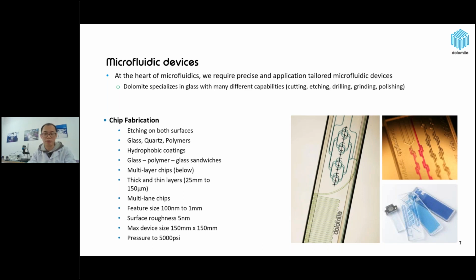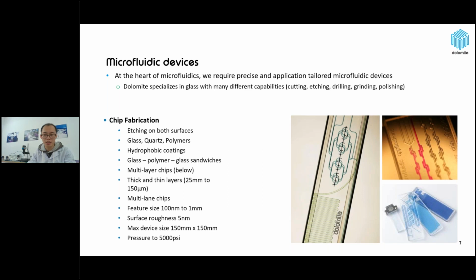This sets us apart, working in this field for well over 25 years. Things like drilling through glass are not really trivial, as glass is brittle to work with, and we are one of the only companies we found able to do this.